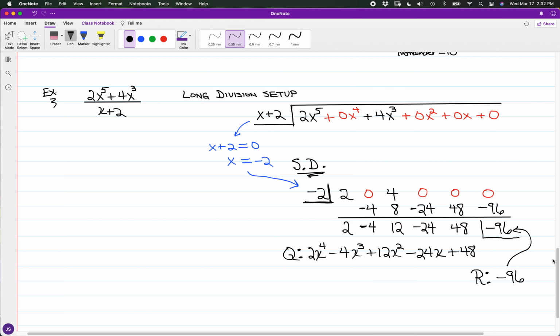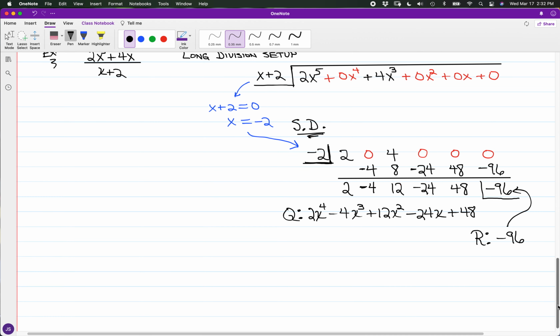All right. And in the case of the expanded notation, the reason I'm going into this as well is I know that Alex is kind of big on the expanded notation with the quotient and the remainder over the divisor.